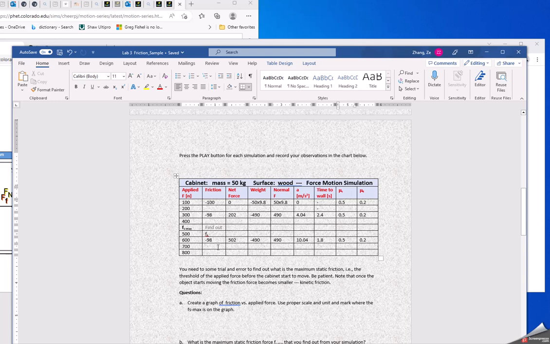But the important thing is you find out where the threshold is, which means between 200 and 300 there is a maximum value where this object starts moving.